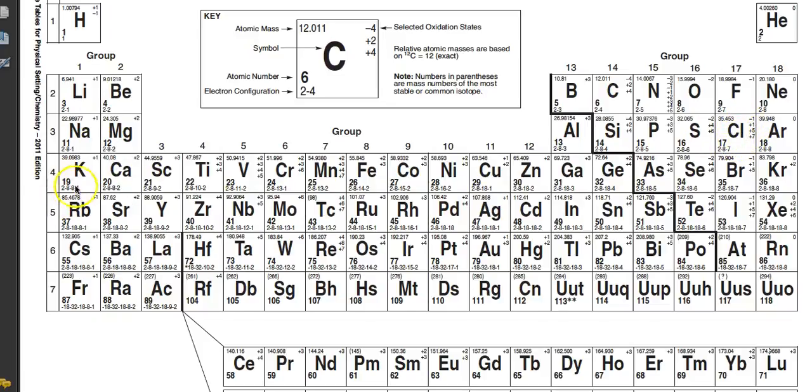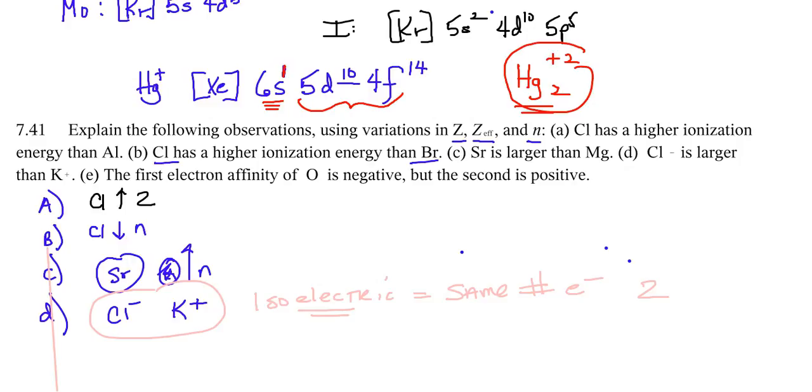So bottom line is, potassium with the same number of electrons has more protons, has a higher Z number, therefore pulls in its electrons even more. So in this case, chlorine is larger because chlorine negative has a smaller Z. For the same number of electrons, it's got fewer protons. Therefore, electrons feel the protons less, and can move away from them a little bit.